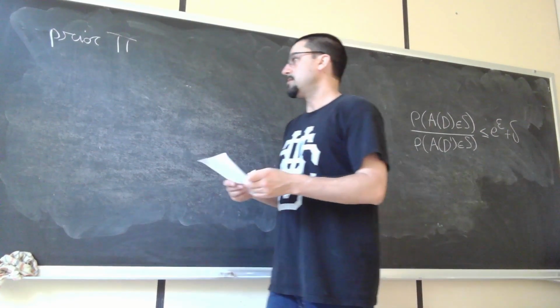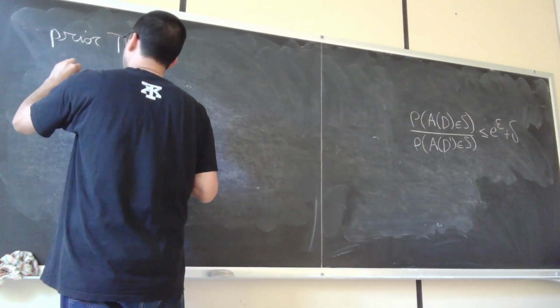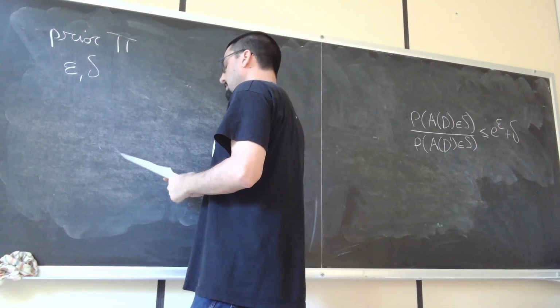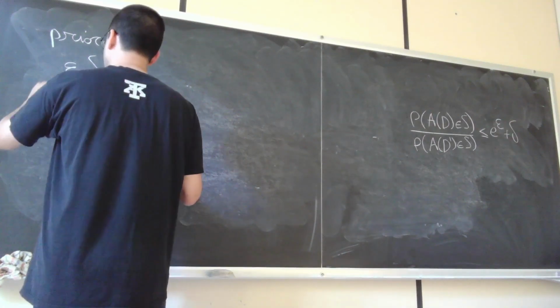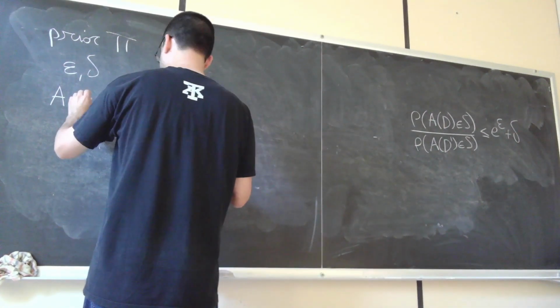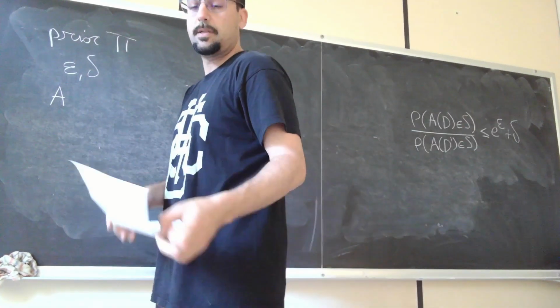Then the privacy levels are still epsilon and delta. And we say that A, our randomized algorithm, is optimal if it provides the best utility.